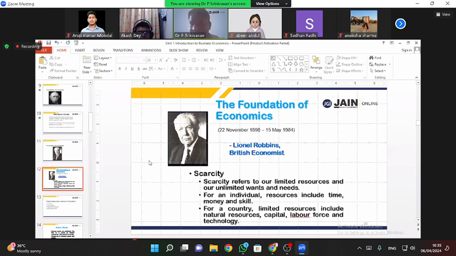When you say scarcity, you say there are scarce resources. The four resources I told you, the primary factor inputs, right? So scarce resource means the basic factor inputs: land, labor, capital, organization.